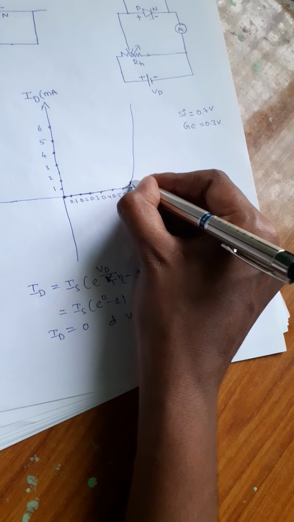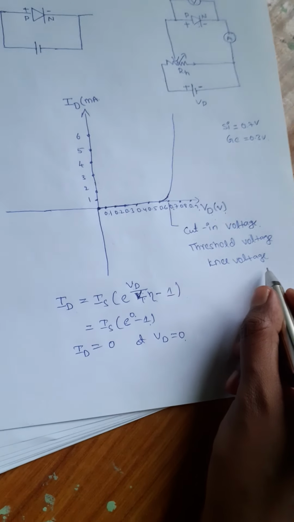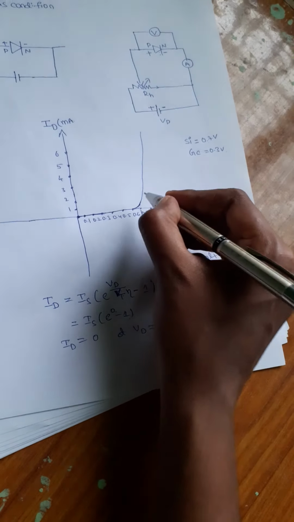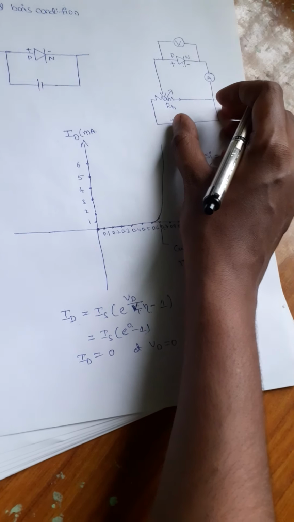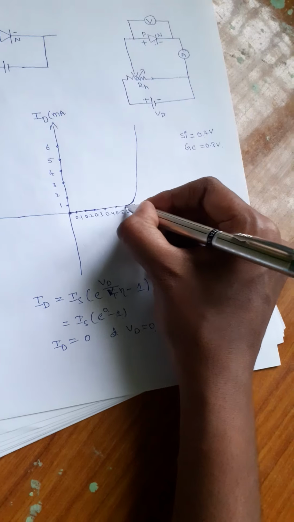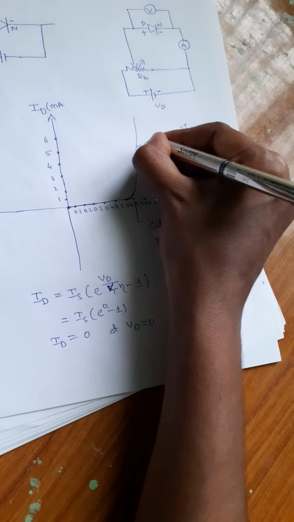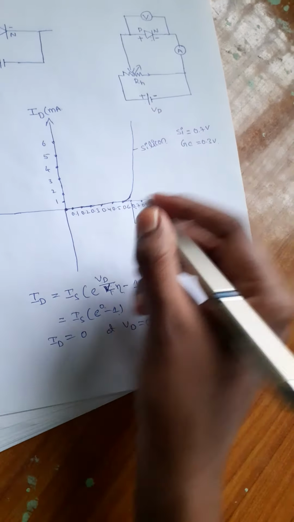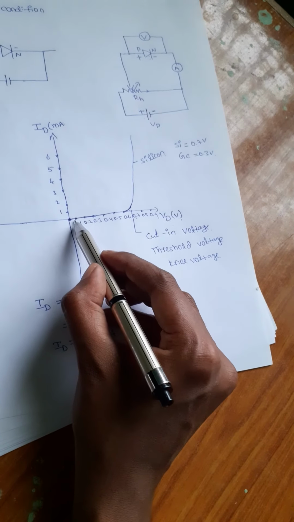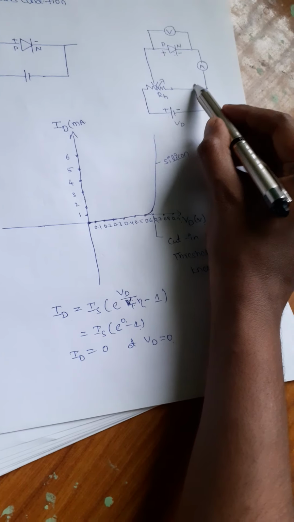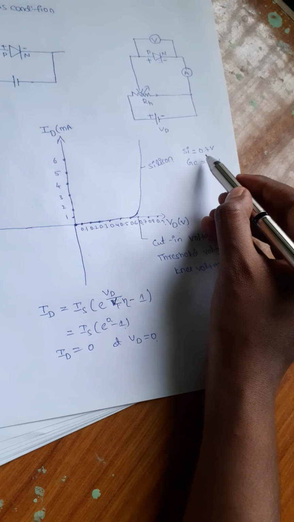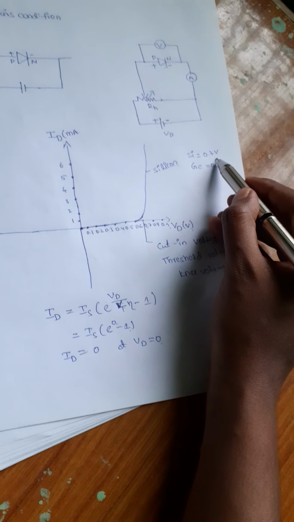This is for silicon. Before 0.7 volts no current flows inside the PN junction diode. After 0.7 volts there is a movement of current, because the potential barrier for silicon is 0.7 volts.